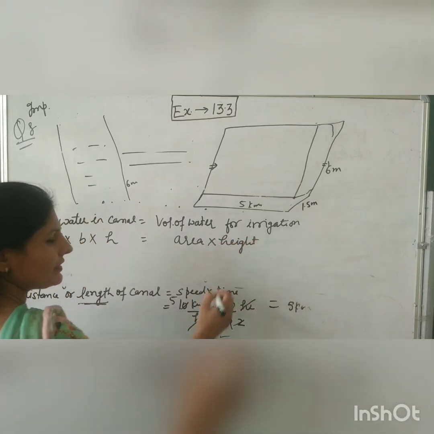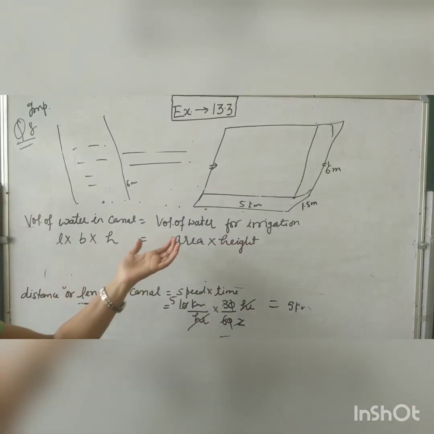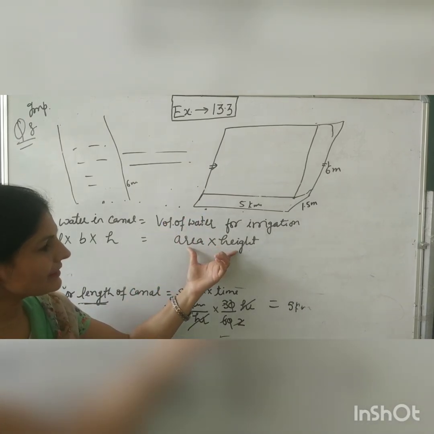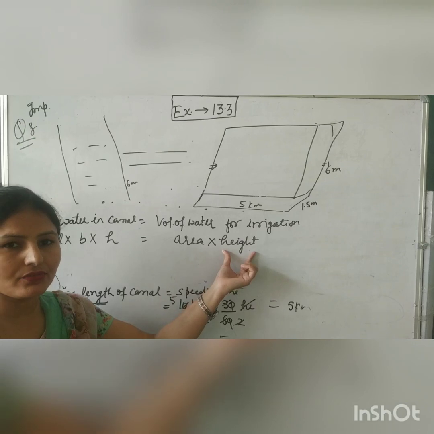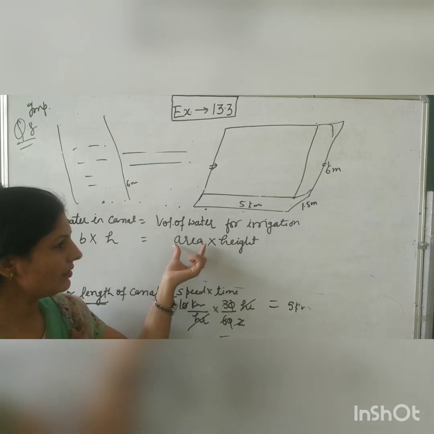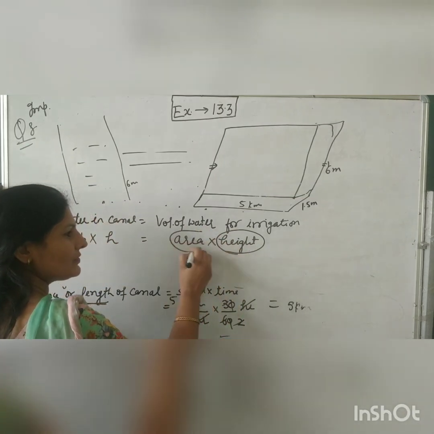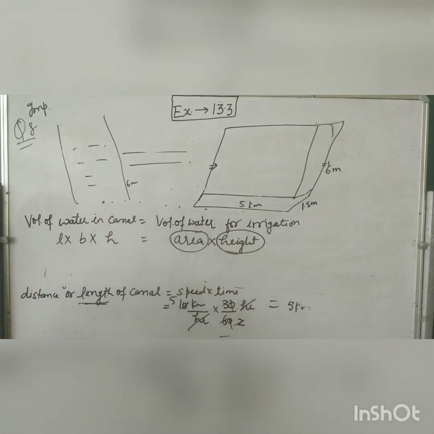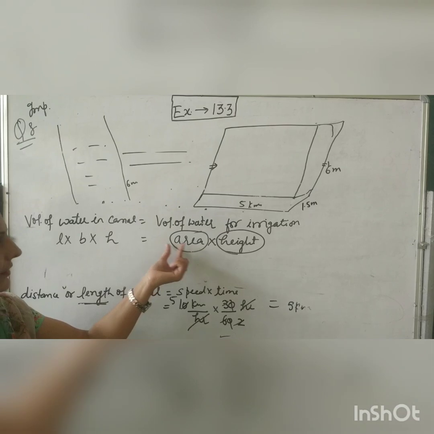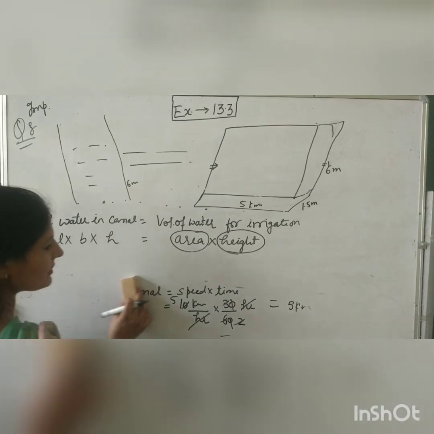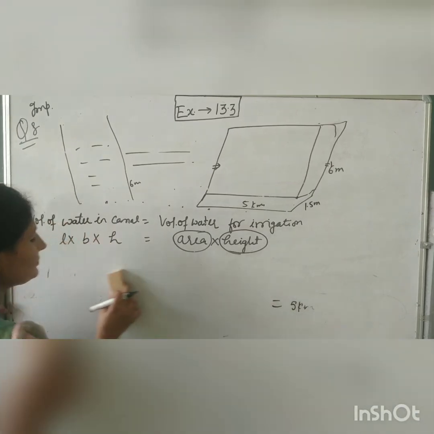Yes, we have done this in the introduction part actually. We can write volume like this, area into height of the water. So height we know, area we have to find. From here we can find the area. Only area is the unknown quantity, right?